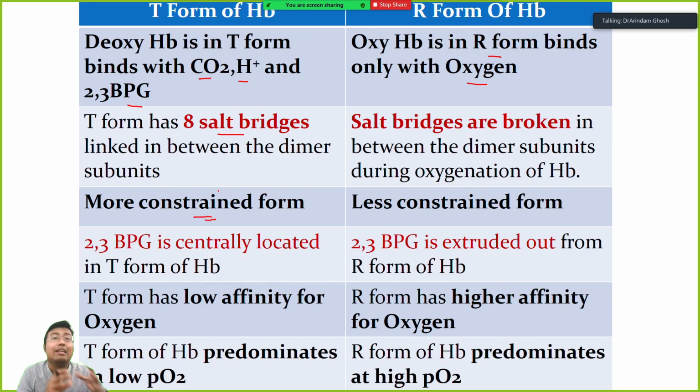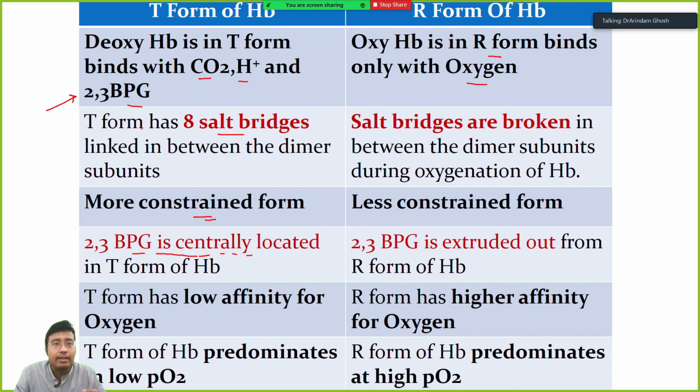Monomeric movement is not allowed. When oxygenation starts, salt bridges break, and movement is allowed. Okay, in T form, that is deoxygenated form, 2,3-BPG is centrally located. It binds with 2,3-BPG, and whenever oxygenation starts, 2,3-BPG is extruded out.